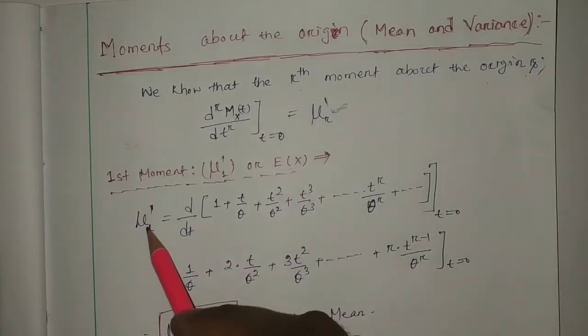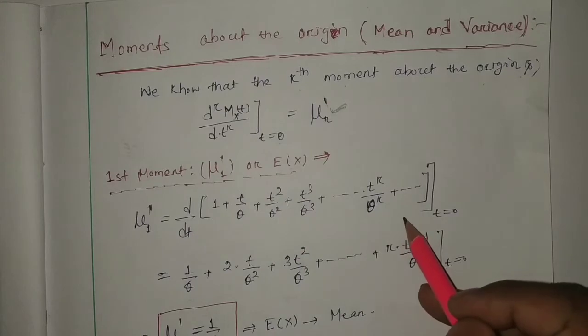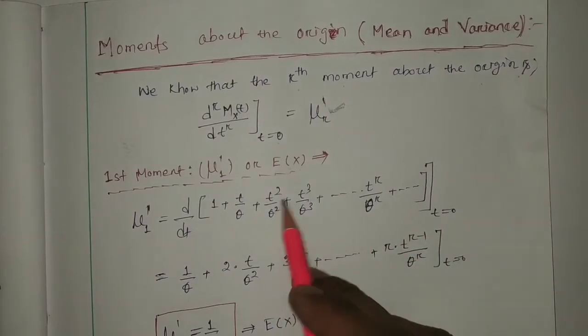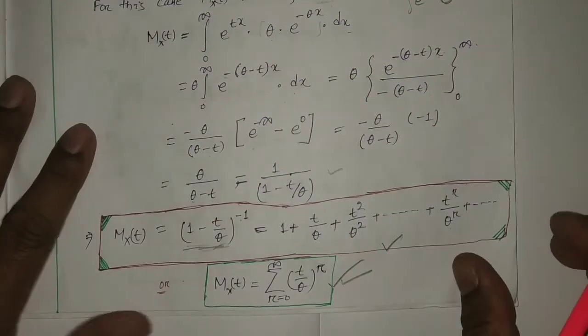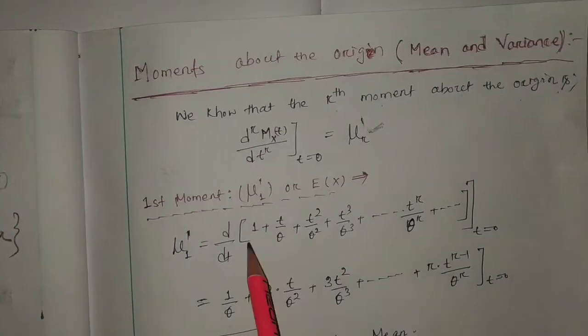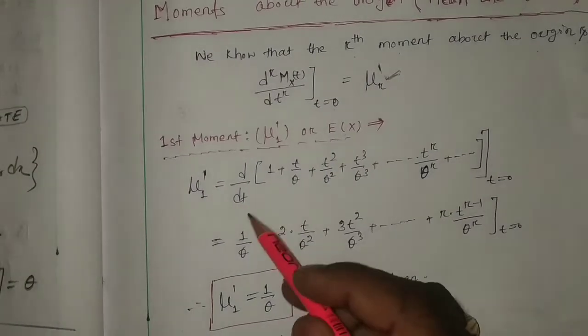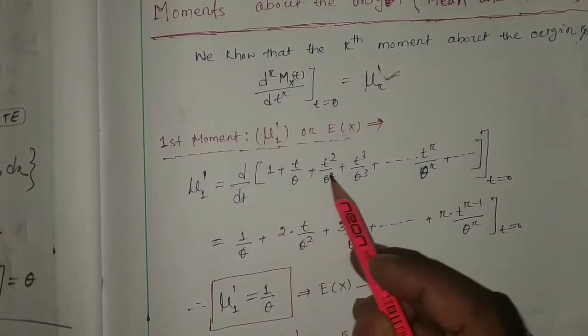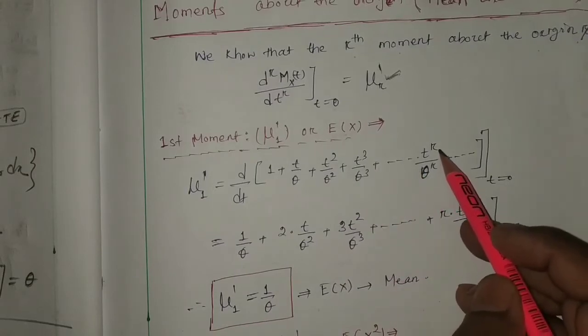Mu 1 dash, that means d by dt of this series format of M_X(t) we have considered here, that is 1 plus t by theta plus t square by theta square plus t cube by theta cube and so on, t to the r by theta to the r.